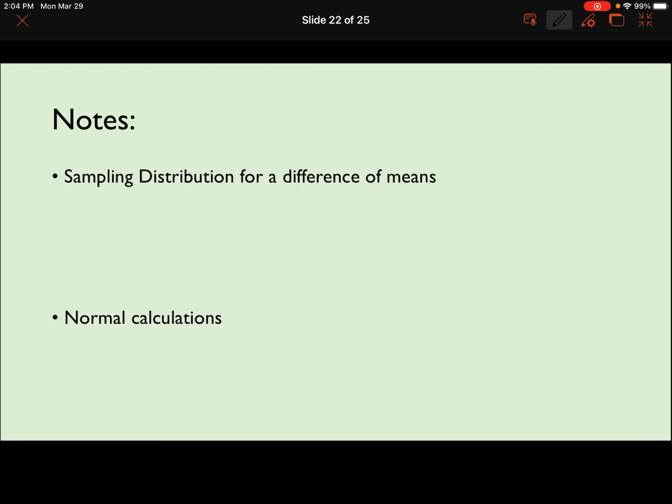Okay, so if we're doing a sampling distribution for a difference of means, that's going to look like this: x bar sub 1 minus x bar sub 2. We're going to talk about how to find the shape. You need to check both sampling distributions to see if they're normal.